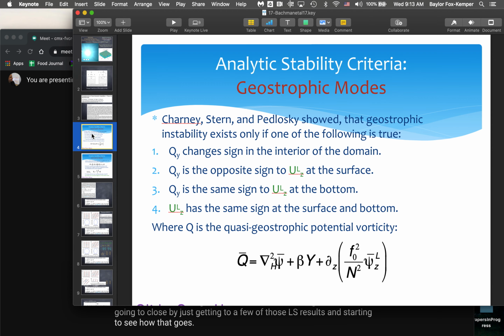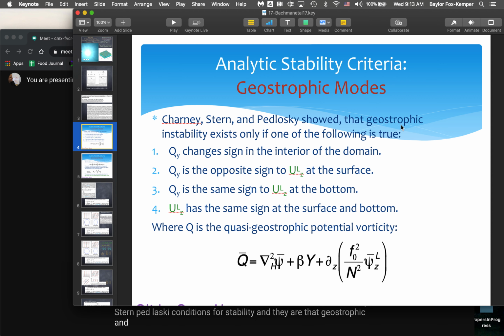Okay, so let's think back to our discussions of instability and stability, because that's part of the game here. So remind ourselves, we talked about the Charney-Stern-Pedlosky conditions for stability. And they are the geostrophic instability.